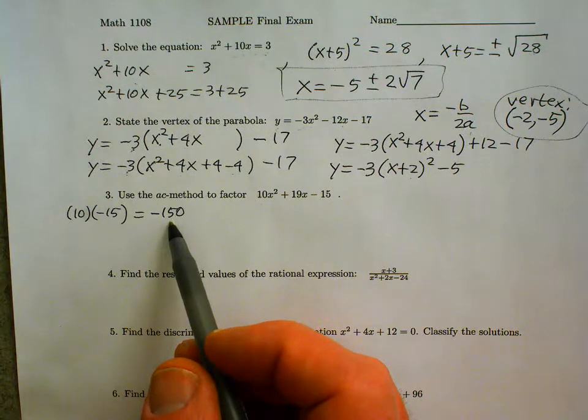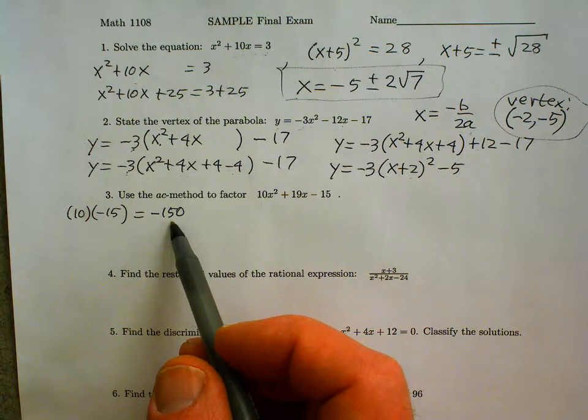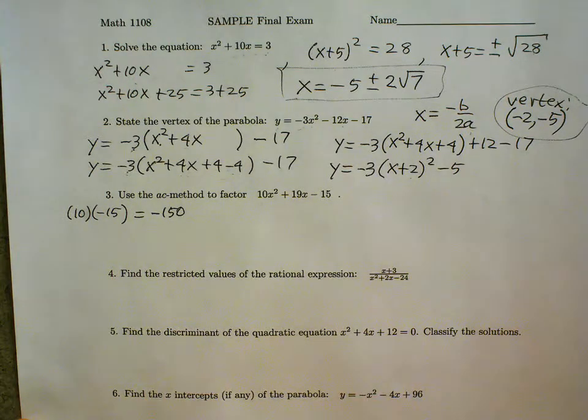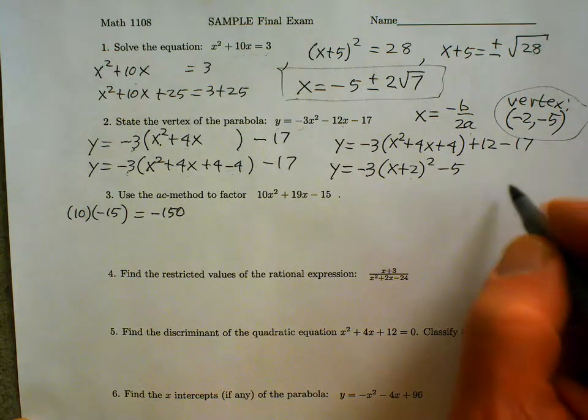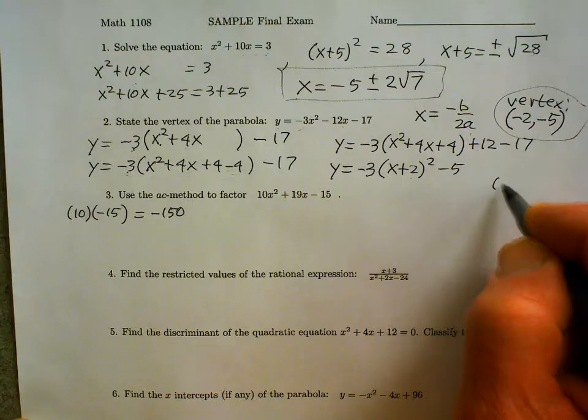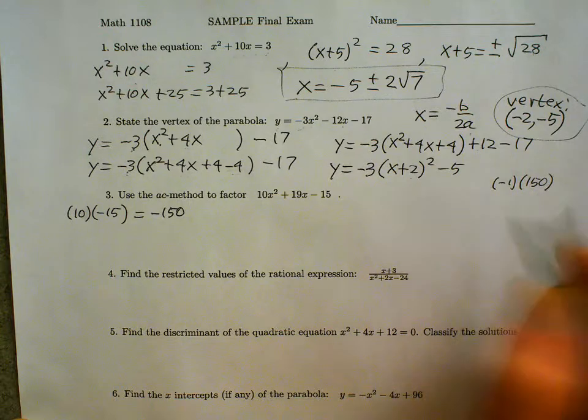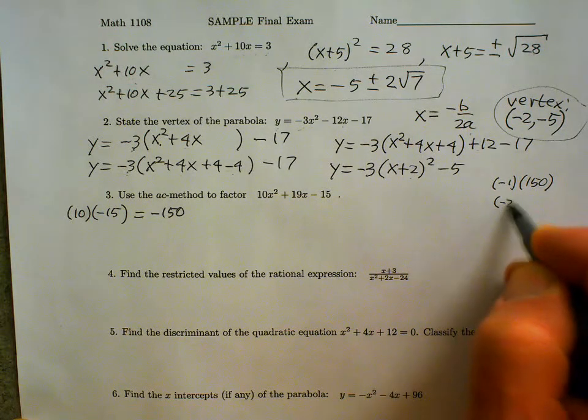So since the product is negative, one must be positive and one must be negative. And since they add up to +19, the one with the largest absolute value is positive. So if we start our systematic process, -1 times 150. The next pair is -2 times 75.